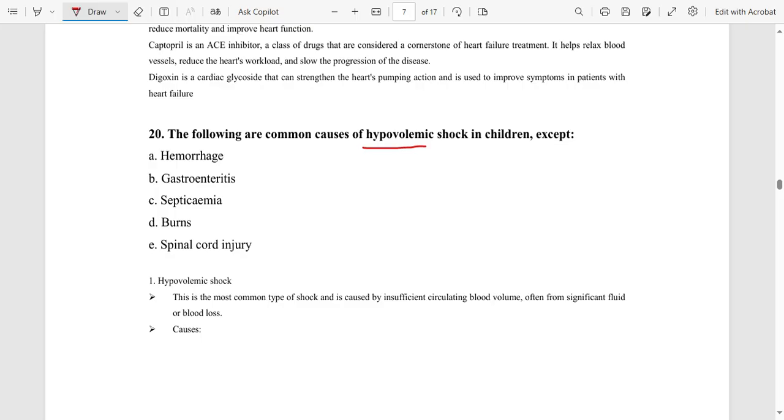So why would we pick septicemia over spine injury? Any thought?